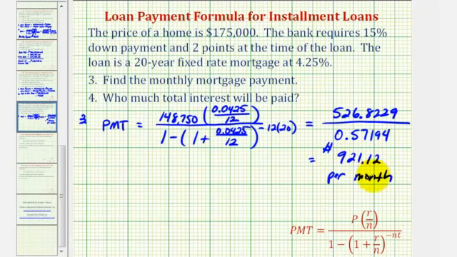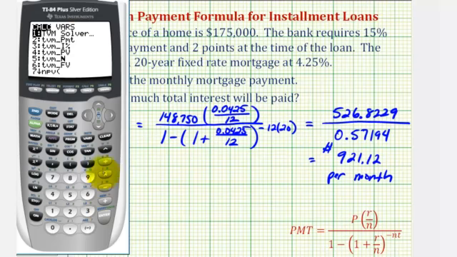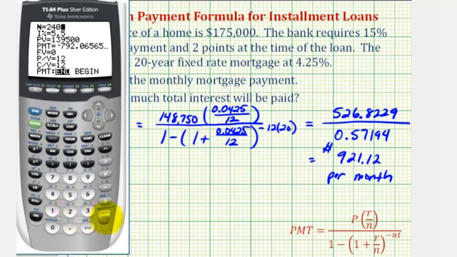Now again, let's go ahead and verify this using the finance menu on the graphing calculator. So we're going to press the apps key, enter for finance, enter for TVM solver. N is the number of months over the 20-year period. 20 times 12 is 240. The interest rate is 4.25%.